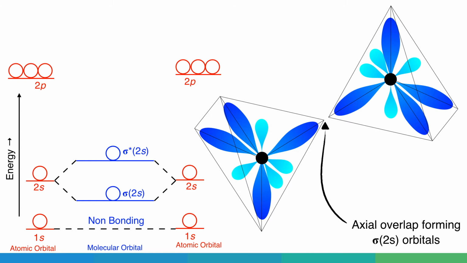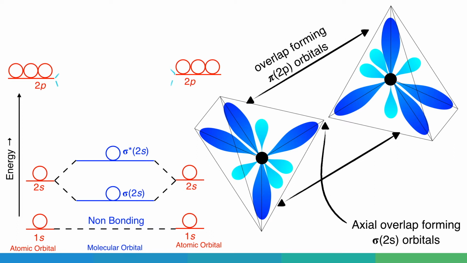This is the sigma 2s orbital in our molecular orbital diagram. Then there is possibility of lateral overlap of two lobes which are at 109 degrees to this lobe. They can overlap to form pi molecular orbitals, indicated by pi 2px and pi 2py orbitals in the diagram. Both orbitals will have the same energy and can be presented on the same level.